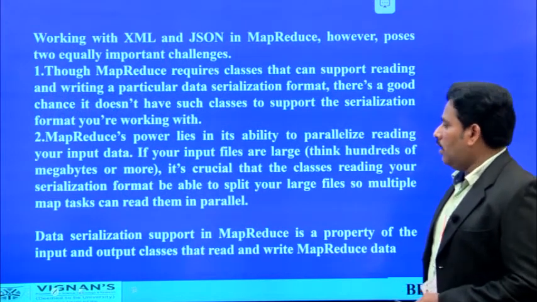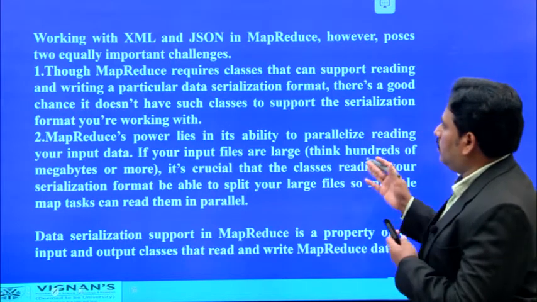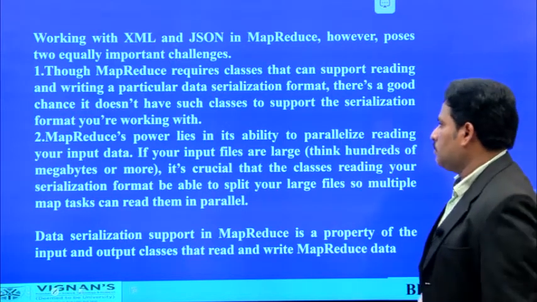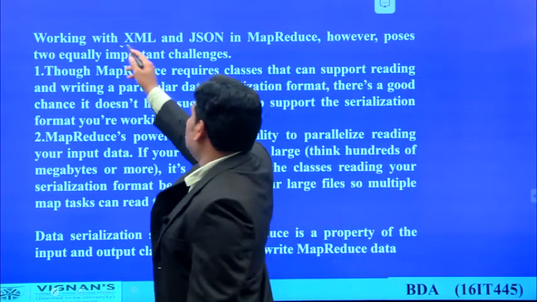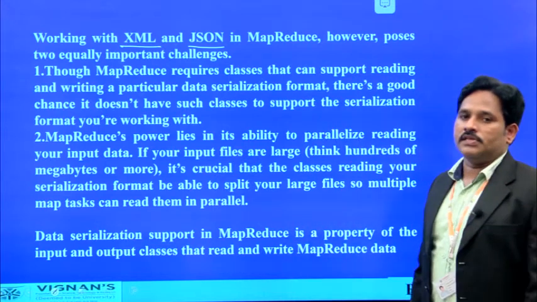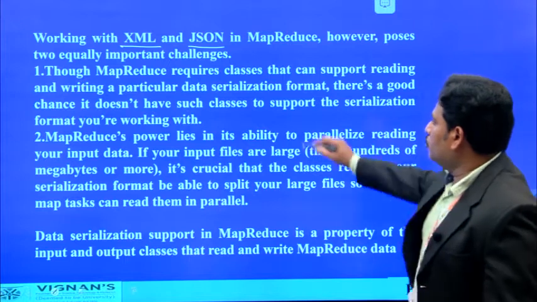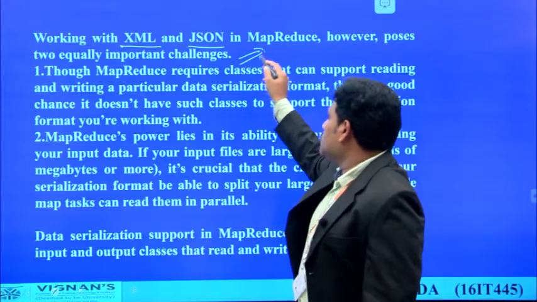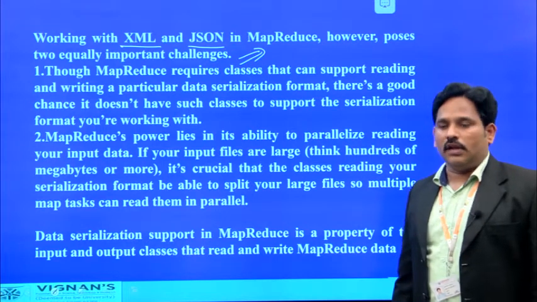Now we will see how this serialization is implemented in the MapReduce environment. Here we are using two known formats, XML and JSON. Using these two formats, what challenges are there in implementing data serialization?